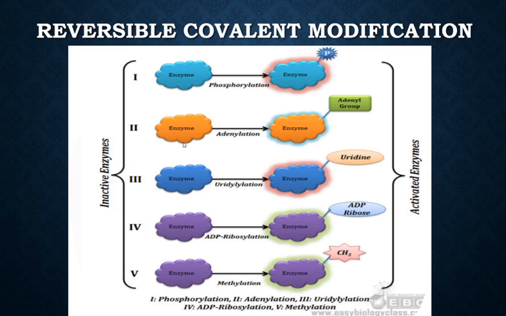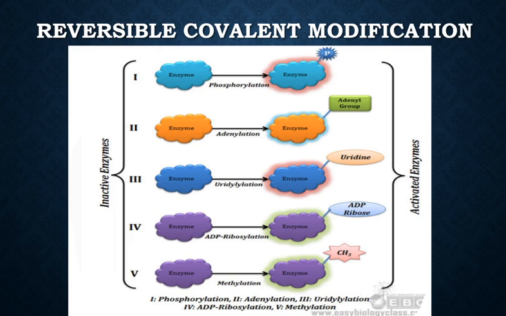Here, another enzyme after adenylation, you can see the enzyme becomes active. And here the uridylation makes uridine add to this enzyme. So here there is a specific type of group where the uridine will add. In the case of adenylation there will be addition of adenine to tyrosine residues of a protein.